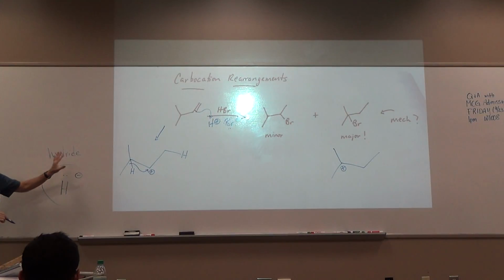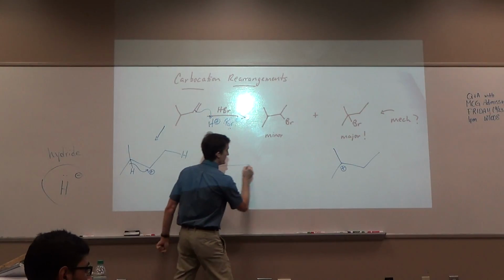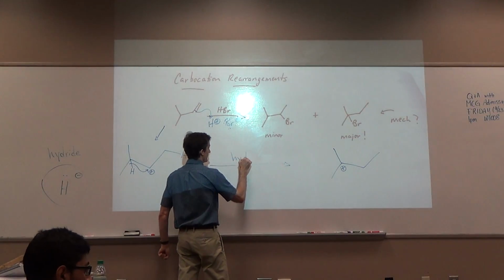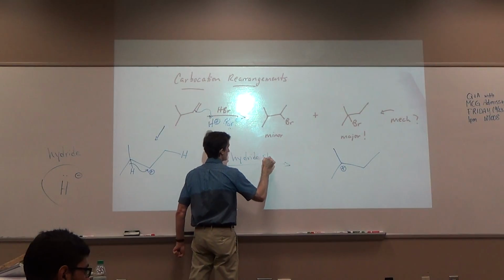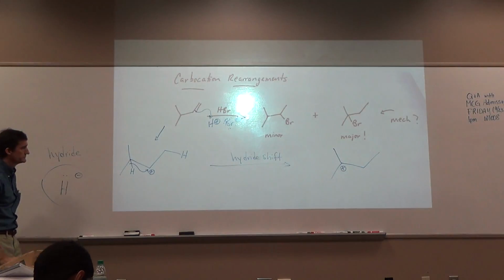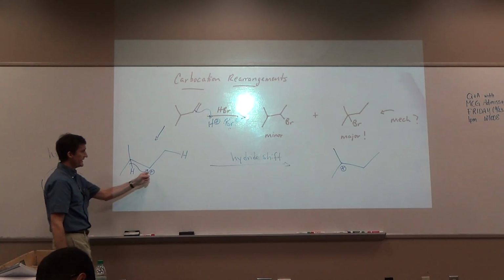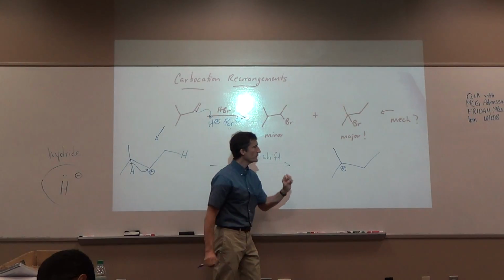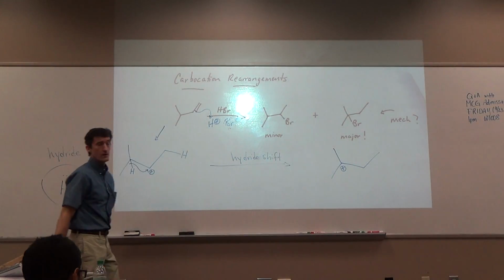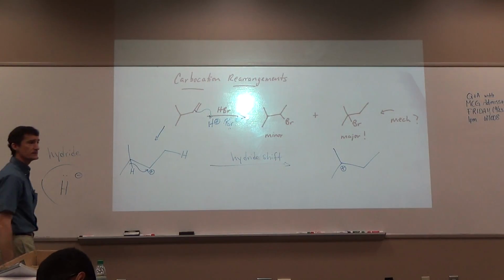Anions are ide ending: chloride, bromide, hydride. So this would be a hydride shift. It's a type of carbocation rearrangement because the cation is said to rearrange, or the cation is moved to a different spot. That's what this means.